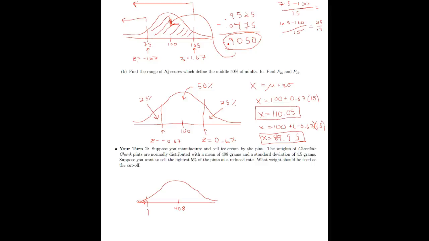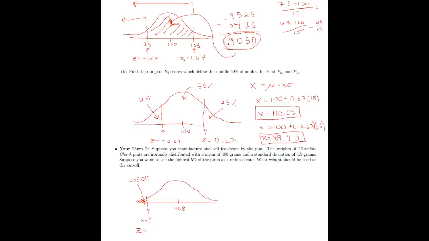So we're trying to find what is this weight, what is this x value? We know that the probability here we want to be 0.05, 5%. So we can turn this into a 4-digit decimal, and we can go fishing in the table for this probability. And when we do that, we're going to get back a z-score for this region of the curve, and that z-score we can then turn into an x value.